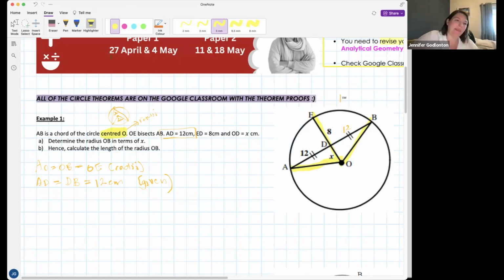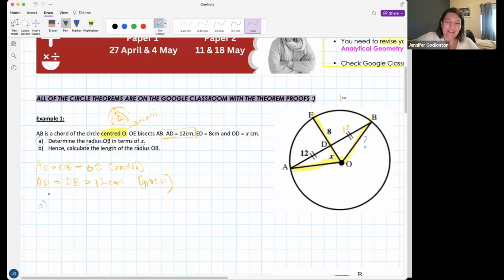Now let's have a look, because you're going to be like, oh, well, that's so easy now, because we're little brain buffs. A says, determine the radius OB in terms of X. So we need to try and figure out what this is in terms of X. Who is feeling brave and wants to give this a go?